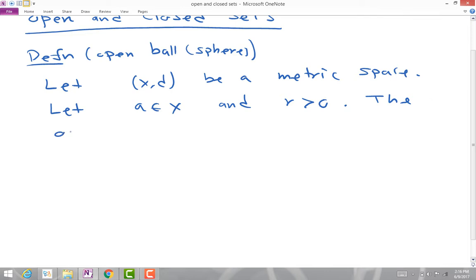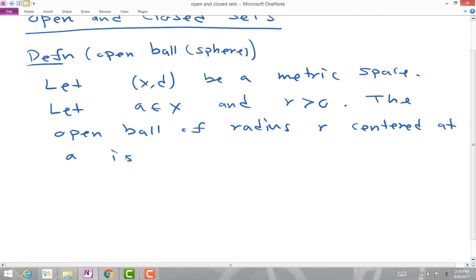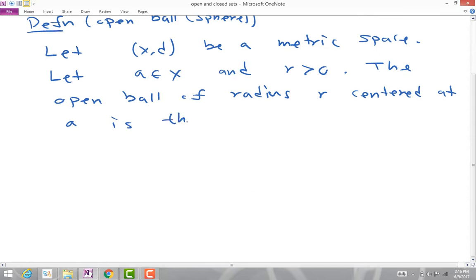The open ball of radius r centered at a is the set.